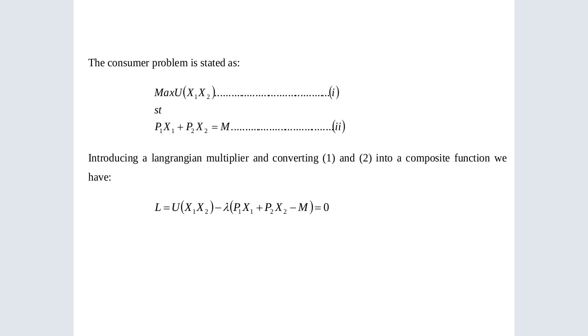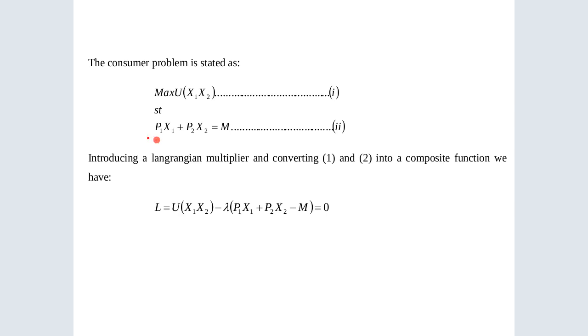You will always seek to maximize utility subject to the budget constraint. Now, this is the utility function. Now, the consumer problem will be framed as follows. You maximize utility over commodity 1 and 2 subject to the budget constraint.